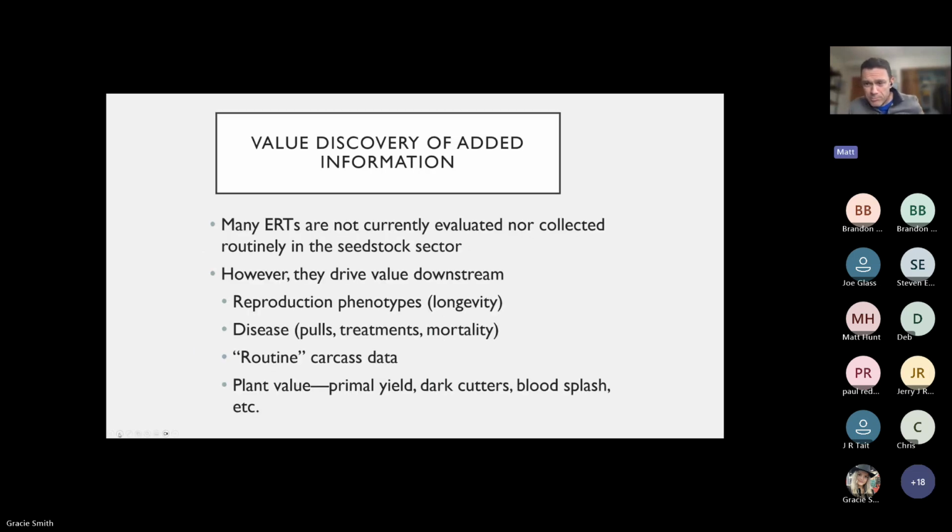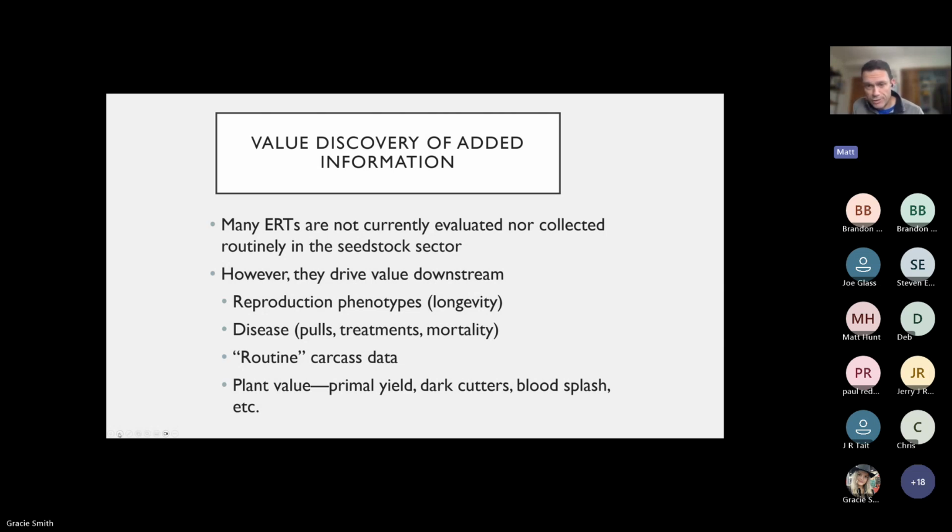I just want to make the point here too, and I would say this to any organization: there's a lot of value in being able to truly understand what drives economic value downstream, because there's a lot of economically relevant traits that are not currently evaluated or collected routinely in the seed stock sector, really by breed organizations.